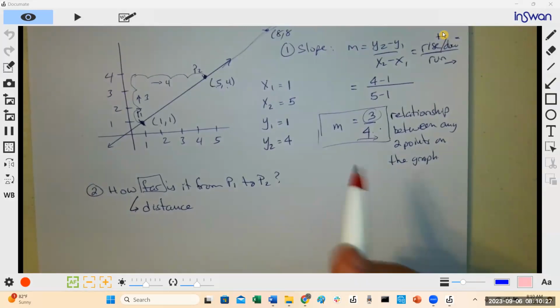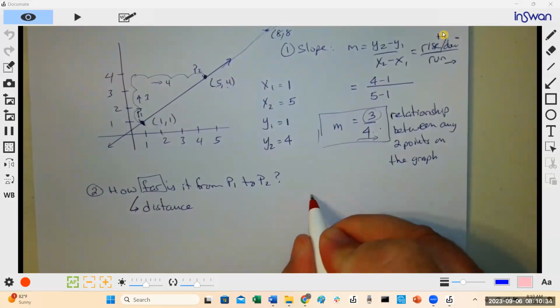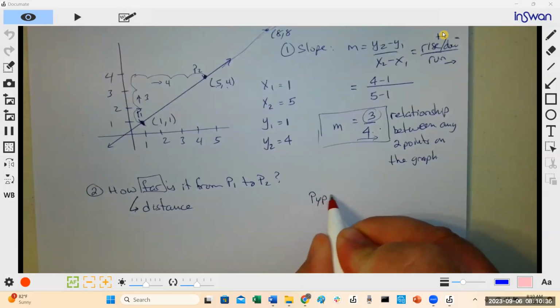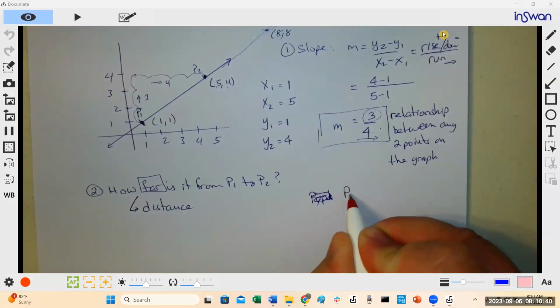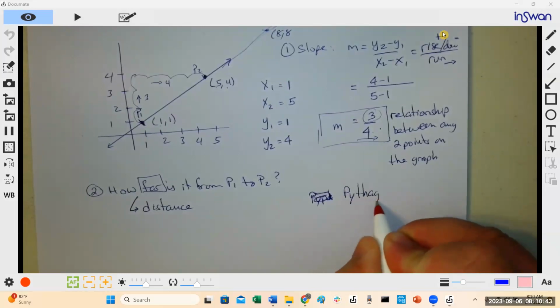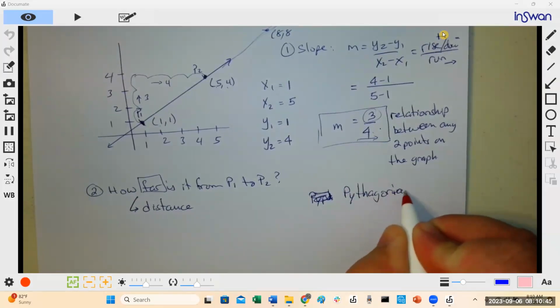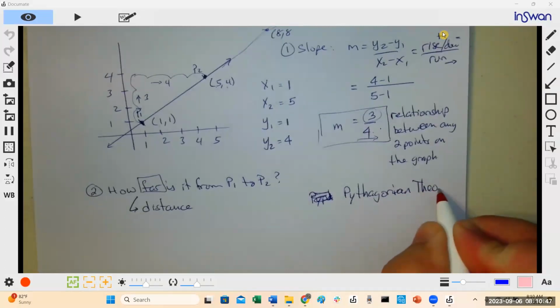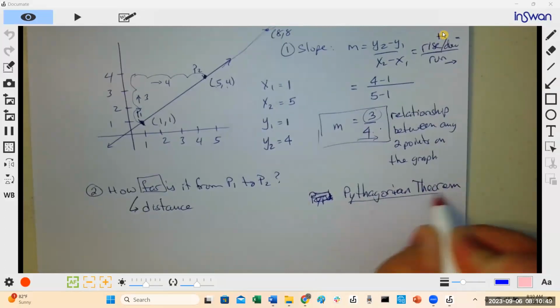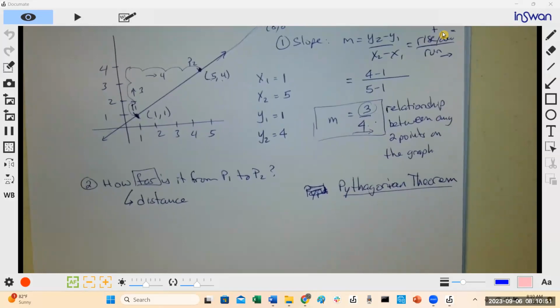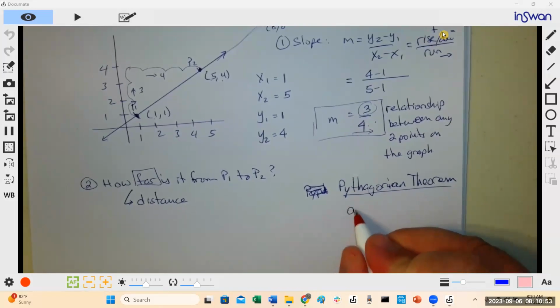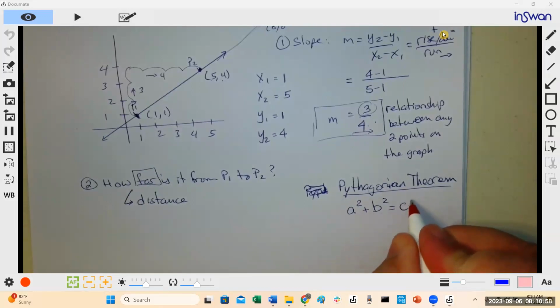And there's one formula we know for distance already: the Pythagorean theorem, a squared plus b squared equals c squared.